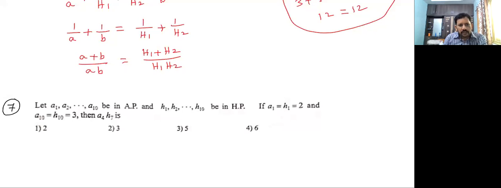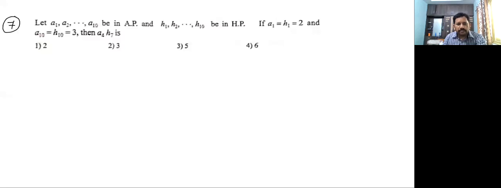Let A1, A2, A3 and so on up to A10 be in AP, and H1, H2 and so on up to H10 be in HP. Conditions are there. First we can sort them out.